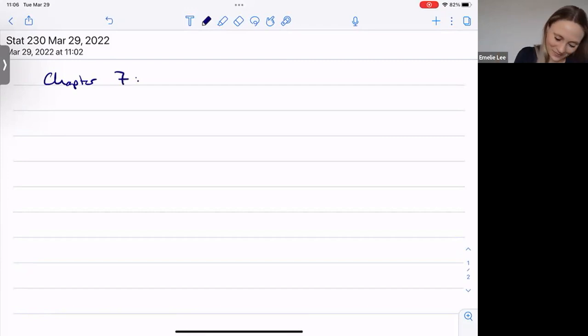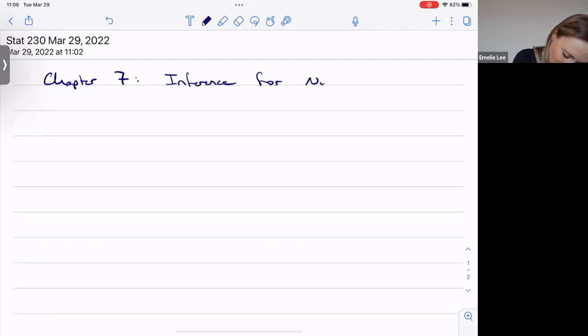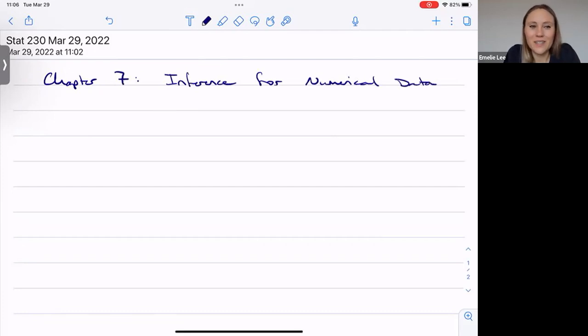But so chapter 7 is called Inference for Numerical Data. Now, it's not until you've seen a lot of this stuff that you start to pick up on the hints in the names and in all these words.